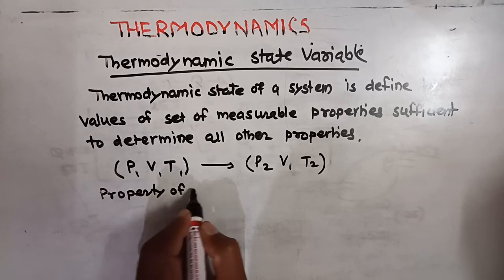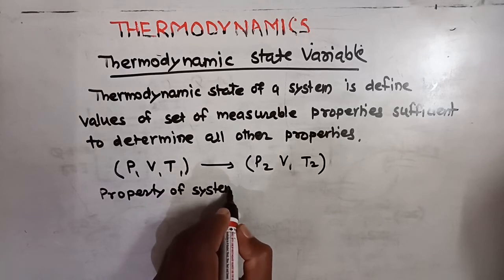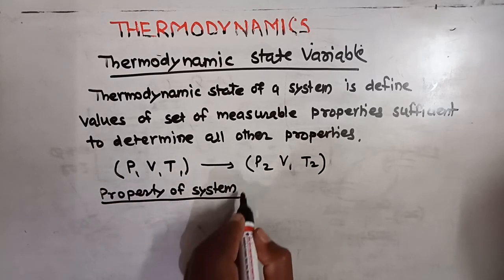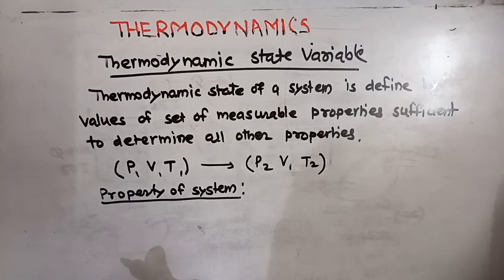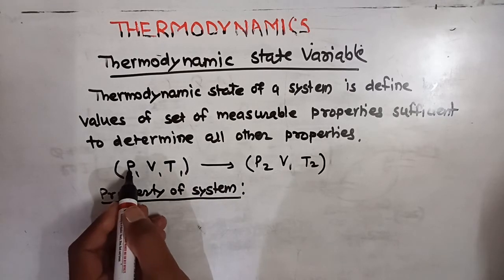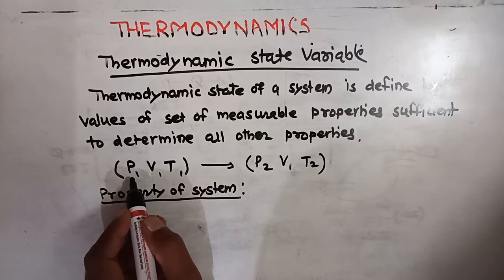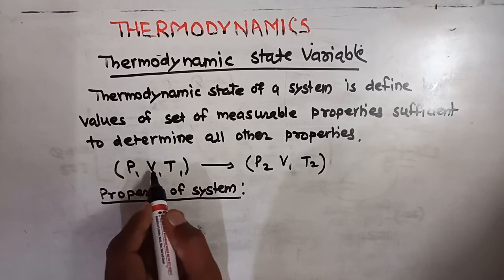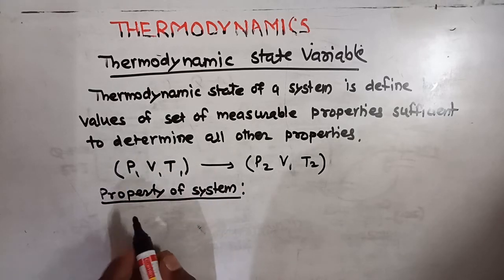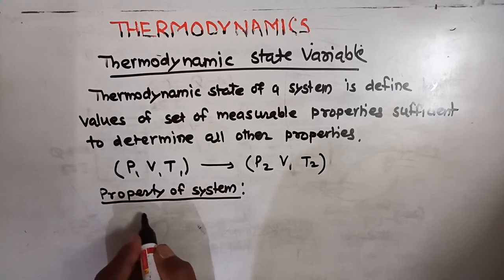These are the measurable variables. Now let us see the definition of a property of a system.